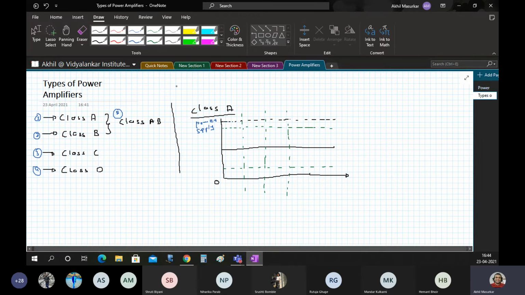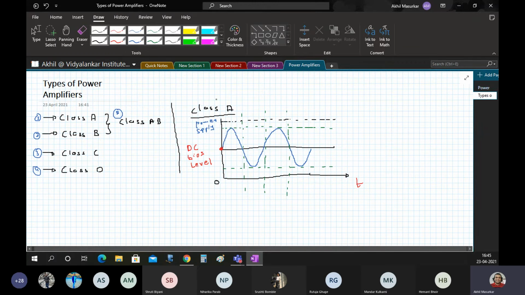So we have a signal which is having maximum and minimum levels between VCC and ground. At this point, this is basically the DC bias level.